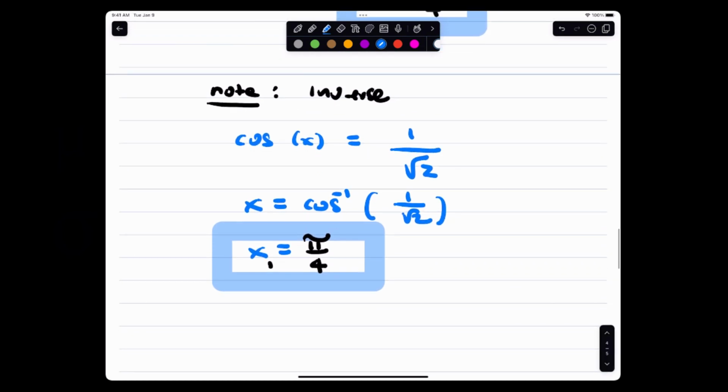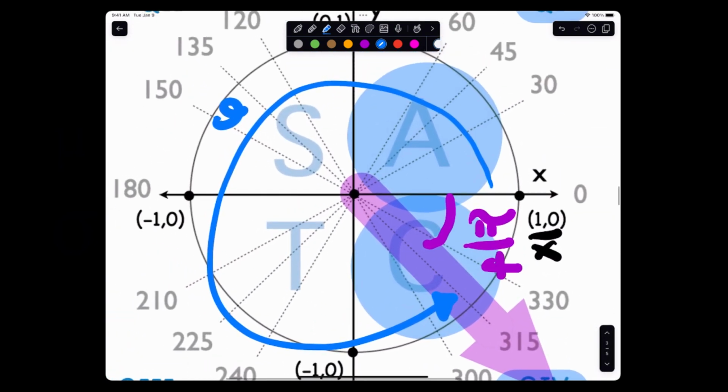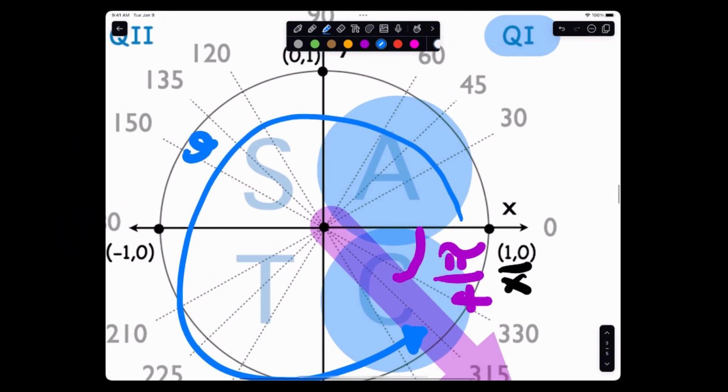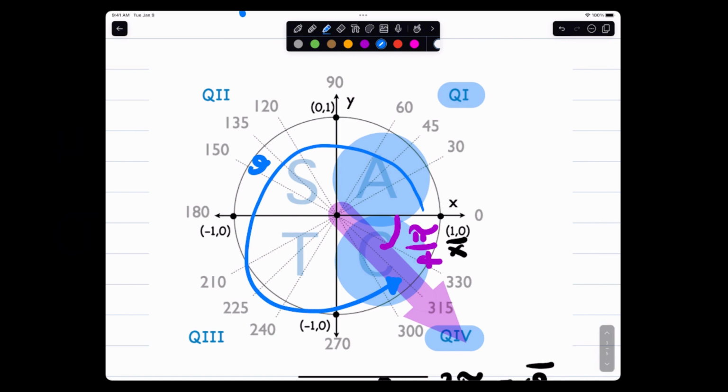So you might say, well, what do I do then? You get the other solution. Well, how do I get the other solution? All students take calculus. That's what you use. You're going to have to pick your poison.